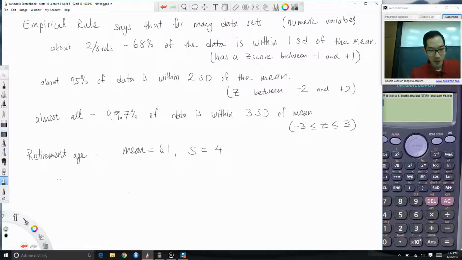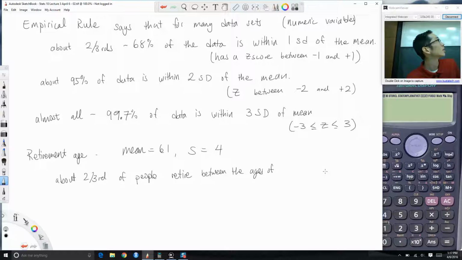So we would say, about 2/3 of people retire between what ages? 57 and 65, right? This is z equal to -1 and z equal to +1. Is that okay?